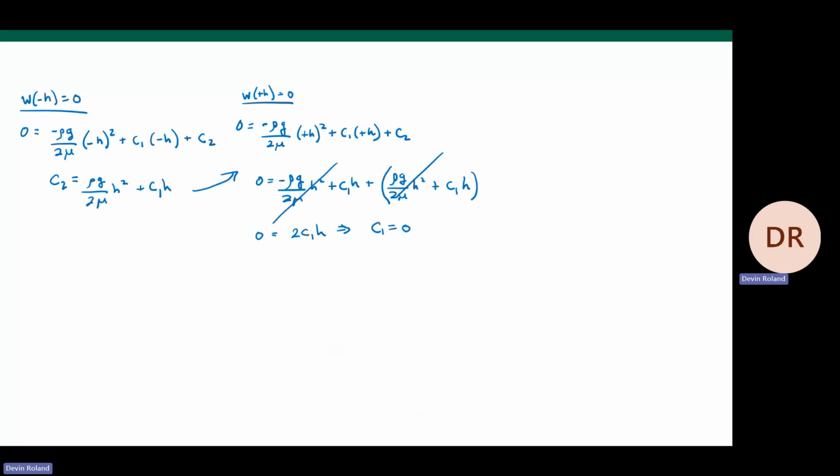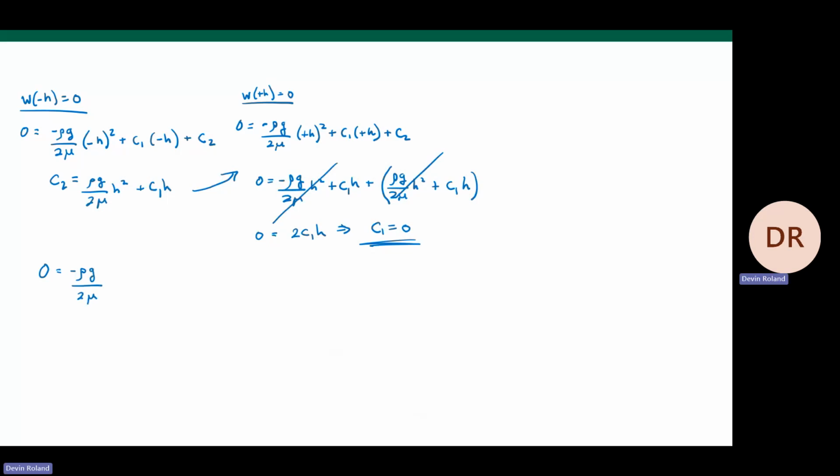Very convenient that that is the case. So now plug it back in and see what happens. I'm going to plug it into the second equation, w of positive h equals 0, just because I like those positives better.